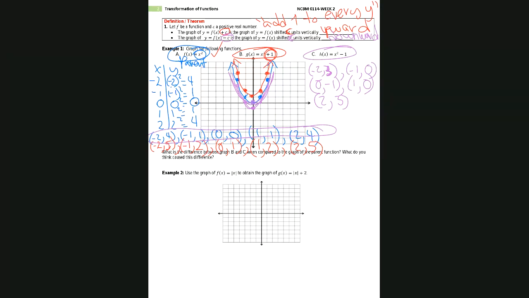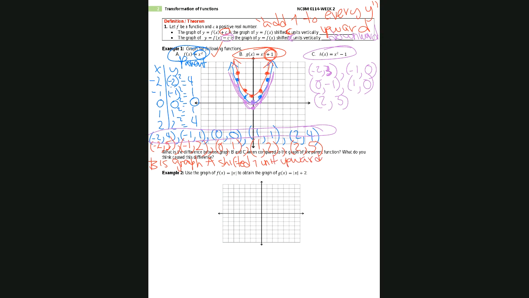Well, let's answer this question. What is the difference in graph B and C when compared to the graph of the parent function? What do you think caused the difference? So let's say graph B is graph A shifted 1 unit upward. What caused the difference?